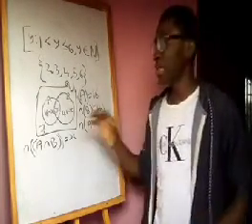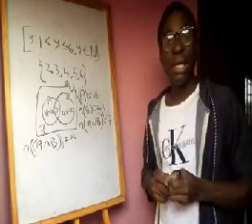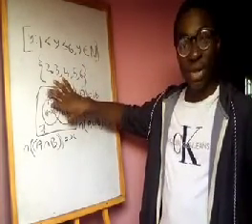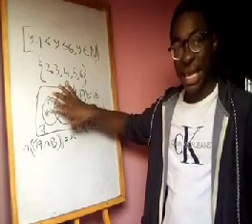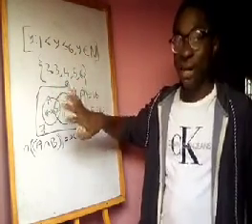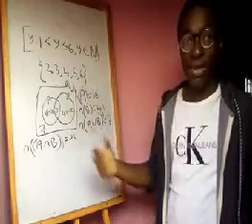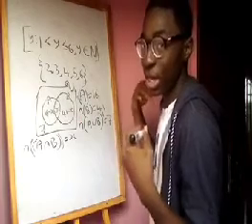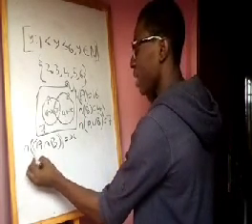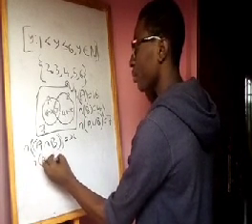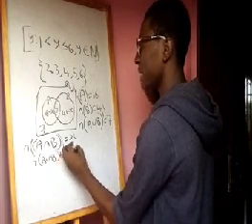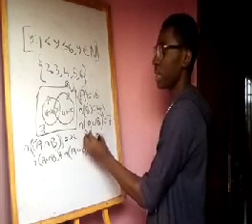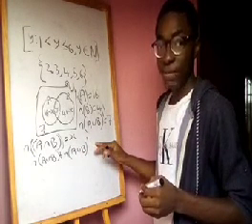Now there's one thing in set theory: in a universal set, the sum of every element in a set and the elements in the complement of that set will give us the universal set. So that means the sum of elements that are in the union and the elements outside the union will give us the universal set. So that means the number of elements in A union B plus the number of elements in the complement of A union B, that means A union B, close your brackets and put a small one symbol.